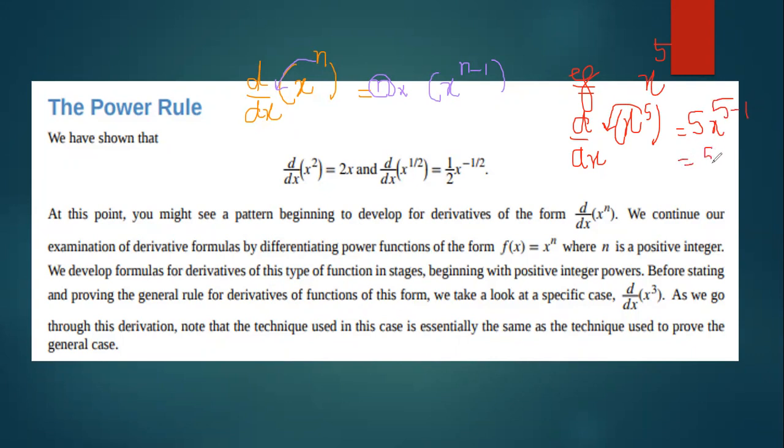So it will be 5x to the power 4. Same as 2, so it will be 2x squared. For x to the power 1/2, it will be 1/2 first, and 1/2 minus 1, so it will be minus 1/2, so half x to the power minus 1/2. So this is the power rule to find the derivative of my power functions.